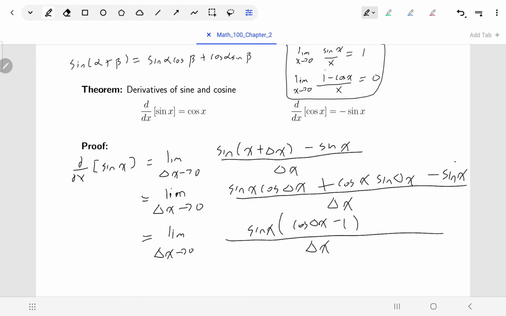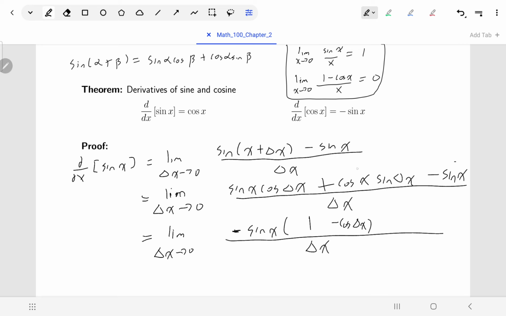I want a 1 minus cosine of delta x. So instead I'll take negative sine of x out of both terms. That leaves a minus cosine of delta x from the first term, and a positive 1 from the minus sine x.